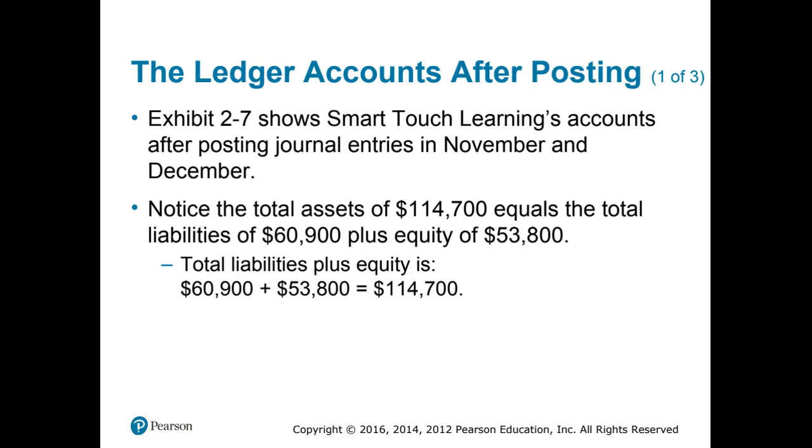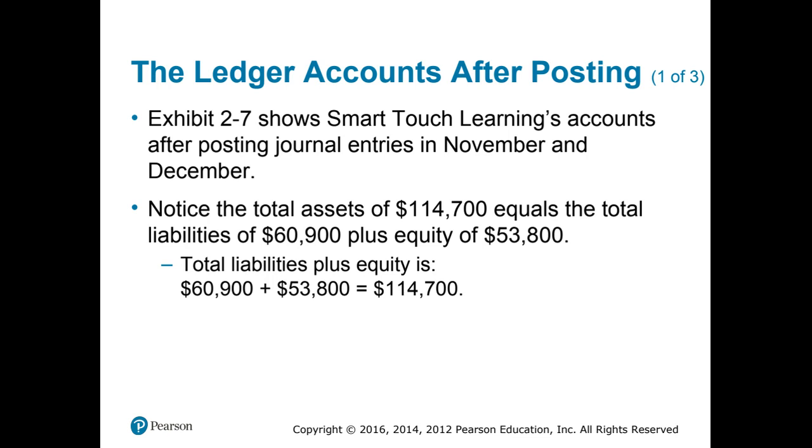All right. So the ledger accounts after posting. So we've posted our journal entries. If we look in the book, on page 76, we notice that the total assets equal $114,700, and that our total liabilities equal $60,900, and our total equity equals $53,800.